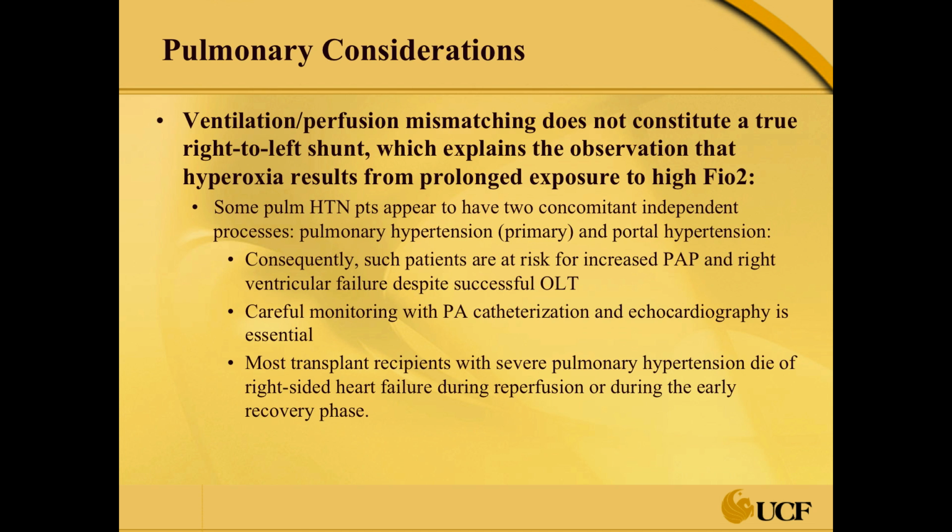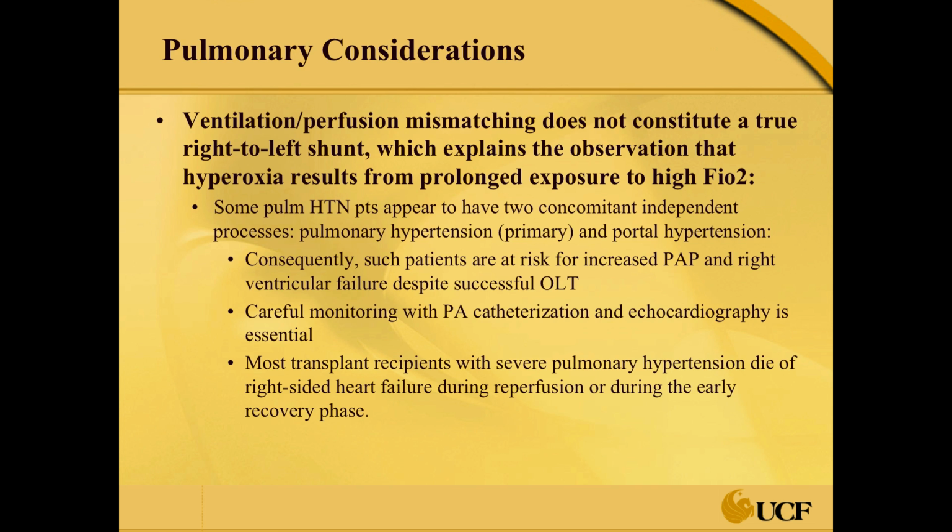All right. Some pulmonary hypertension patients appear to have two concomitant independent processes, both primary pulmonary hypertension and portal hypertension. So consequently, these patients are at risk for increased PAP and right ventricular failure despite a successful liver transplant. Careful monitoring with a PA catheter and echocardiography is essential.